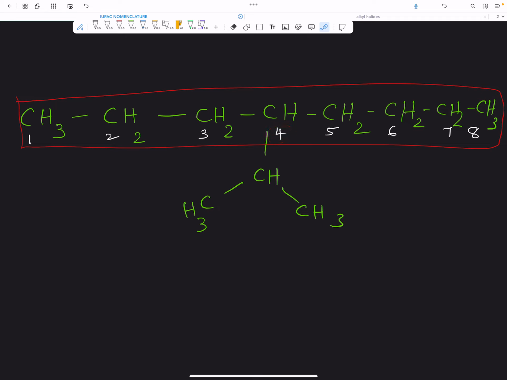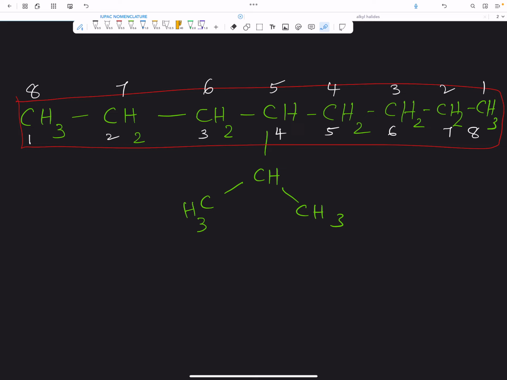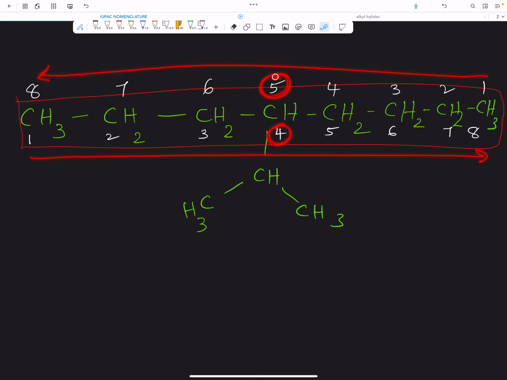Now let us give numbering in opposite direction 1, 2, 3, 4, 5, 6, 7, 8, and see that the isopropyl group now got locant 5 in this direction. When going in this direction, the locant number for isopropyl group is 4. When numbering is done in this direction, the locant number is 5.